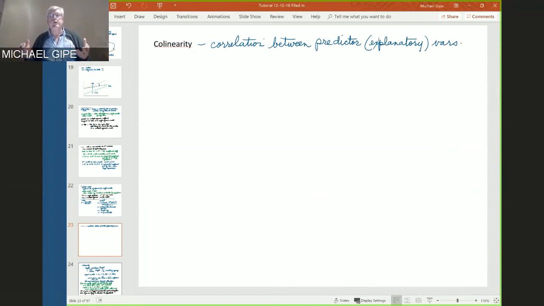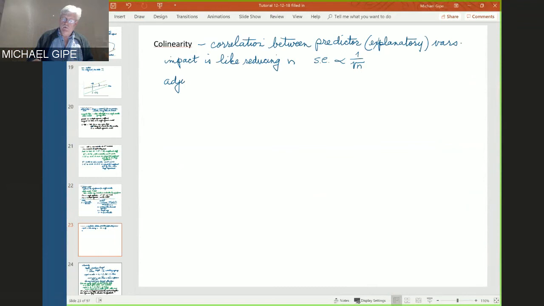When you combine the variables together, they don't add as much information as two independent variables would have. You can think of the impact as kind of like reducing n, the sample size. And remember, standard error is proportional to 1 over the square root of n. So we would adjust for collinearity.